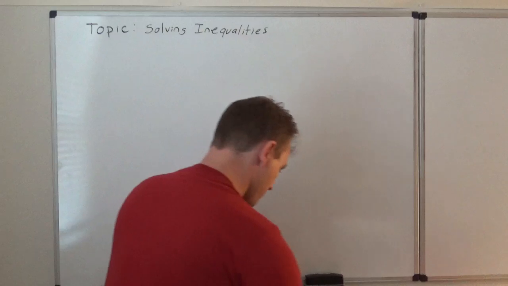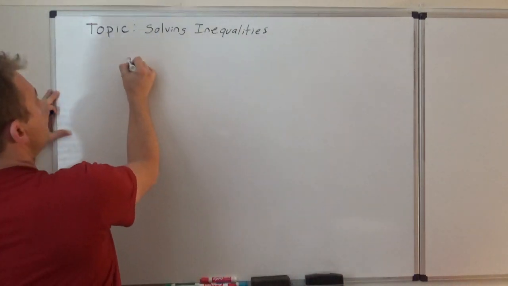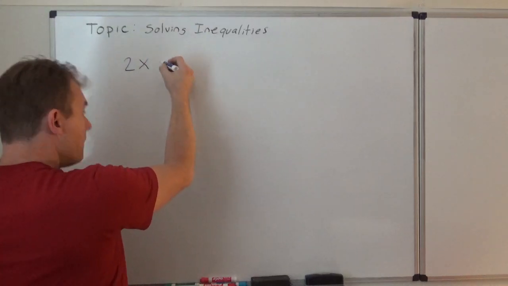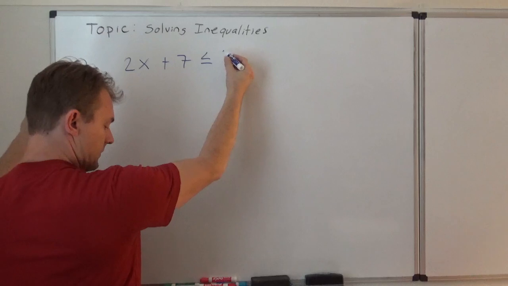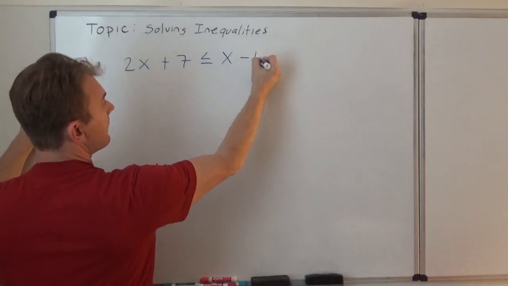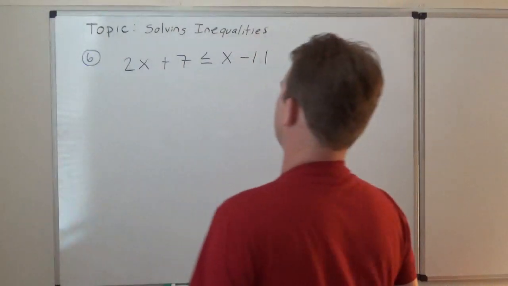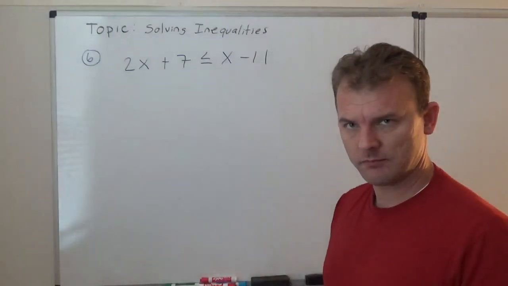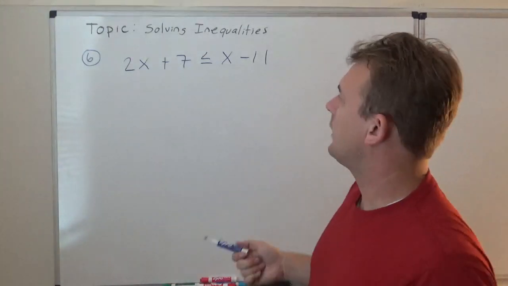So let's go ahead and try this one. We got 2x plus 7 less than or equal to x minus 11. I think this was number 6. This is our basic equation. Well, inequality, but it's like an equation.